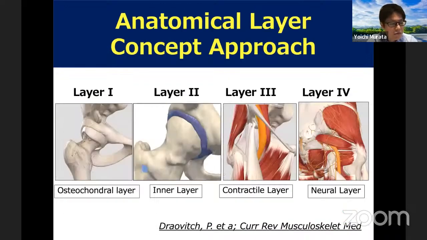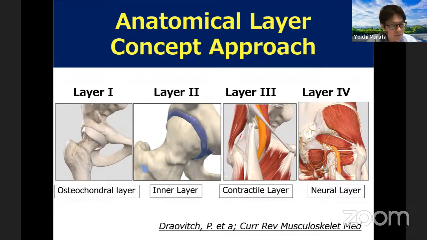First, in diagnosing the cause of hip pain, there is a concept and approach that has been increasingly used in recent years called the anatomical layer concept. Layer 1 refers to the bone and cartilage inside the joint. Layer 2 refers to inner layers such as the joint capsule and labrum.